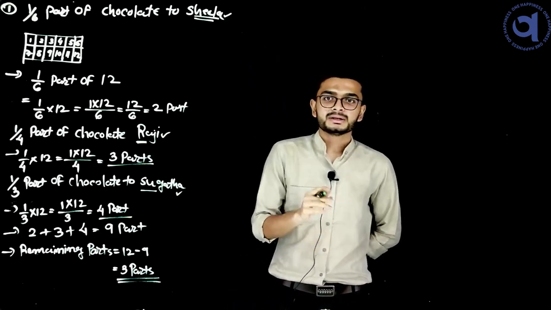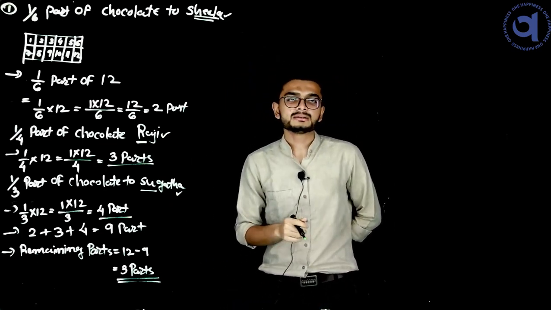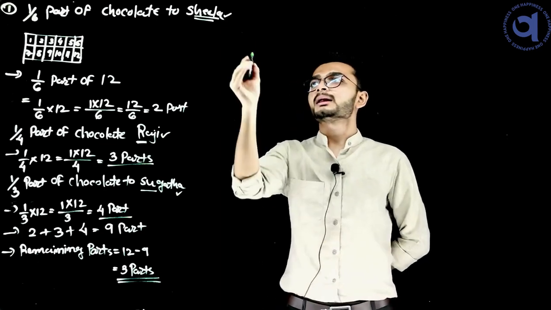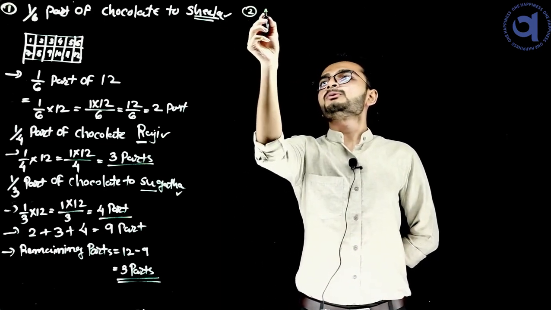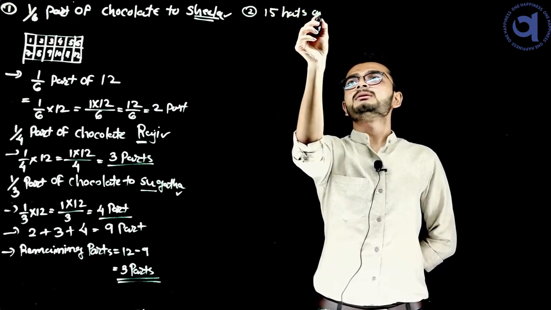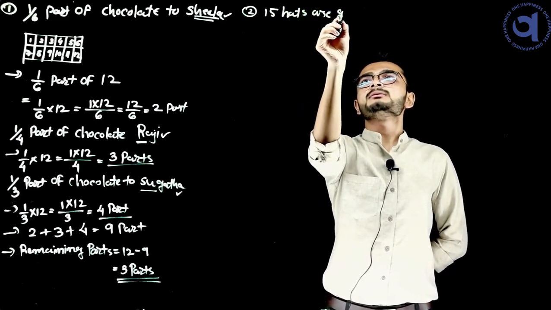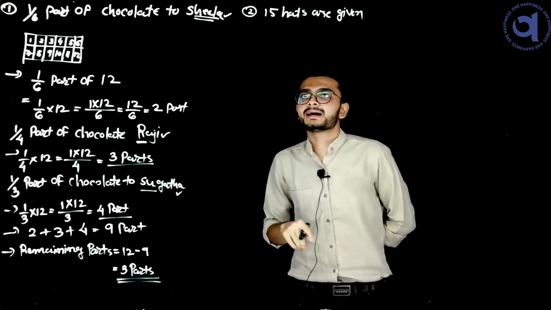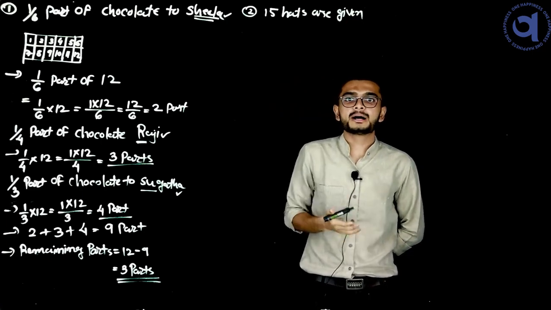After that, the next question is coloring the hats. In this question, a total of 15 hats are given. Out of 15 hats, we have to color some part of the hats.